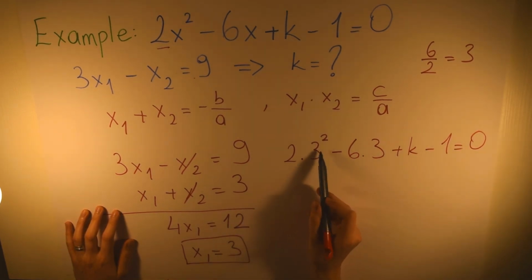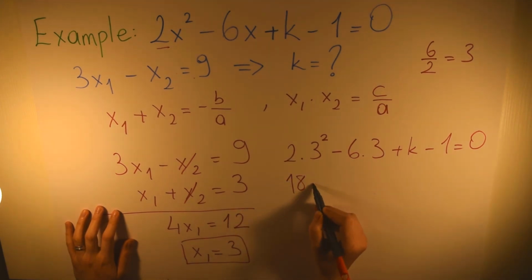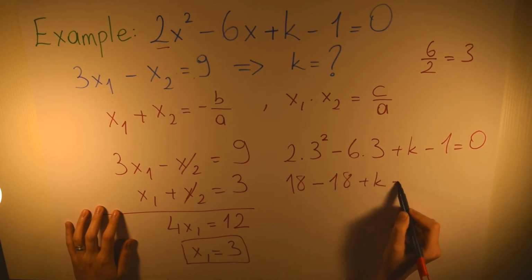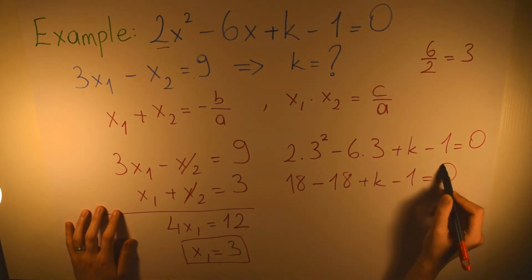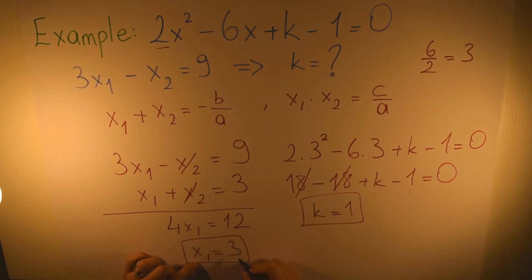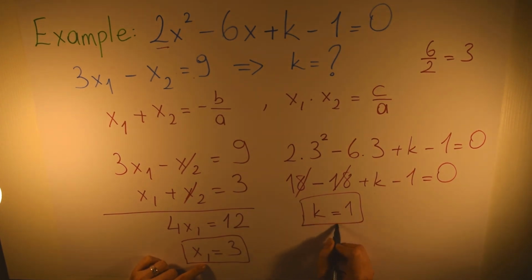From here, 3 squared is 9, 2 times 9 is 18, minus 18, plus k minus 1 is equal to 0. These cancel out each other, and from here I will get k as 1. So as you can see, when you find one of the roots, after that it is very easy. You just put this value instead of x, and from that you will get the value of k.